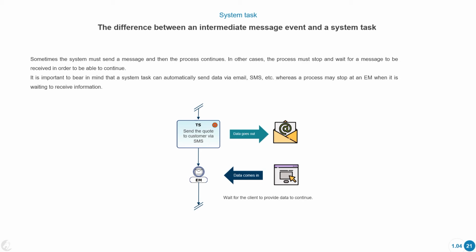What it means is that the flow stops and we're waiting for data to come in. Once the data enters, then the flow continues. And when we're talking about a system task that is going to automatically send information or send a message, then we'd be using this other object here. So here we're sending information, here we're receiving information.